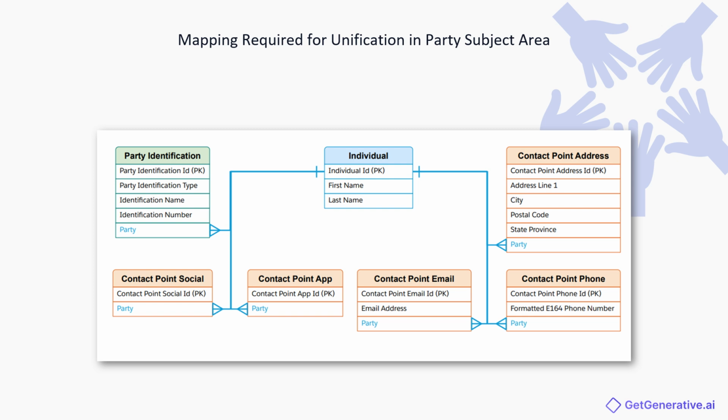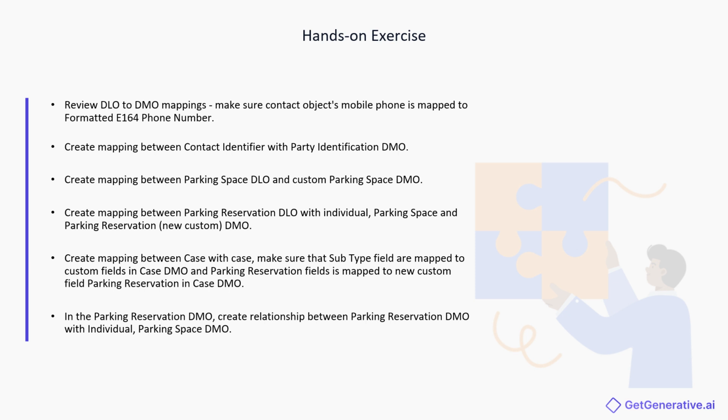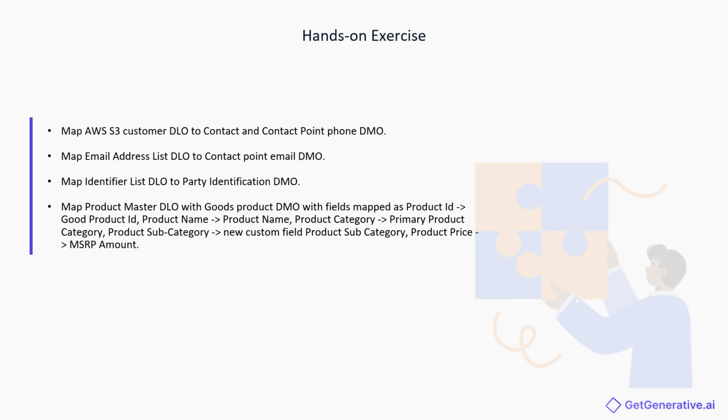Now, just to revise, there are two hands-on in this exercise. One is for Salesforce, we need to map the data lake objects with data model objects for data that's come from Salesforce. And we are going to do the second exercise for AWS as well.